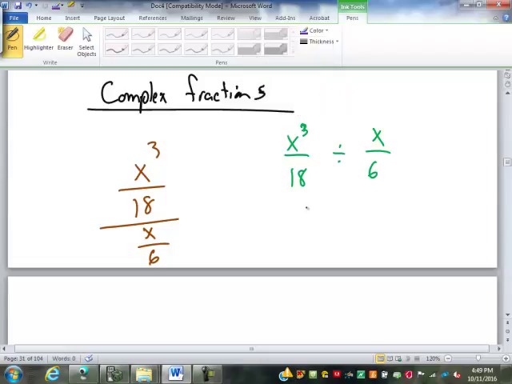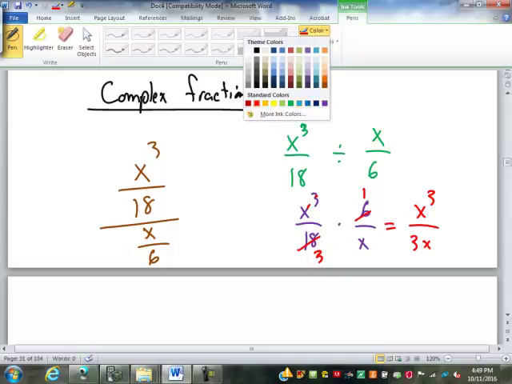So what we have to do there is x to the 3rd over 18 times 6 over x. I can cross cancel if I want to, but I don't have to. Let's do the 6's there. Divide out by 6, you get 1 and 3. So x to the 3rd times 1 is x to the 3rd. 3 times x is 3x.